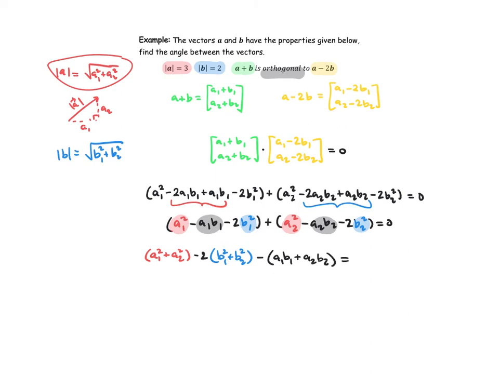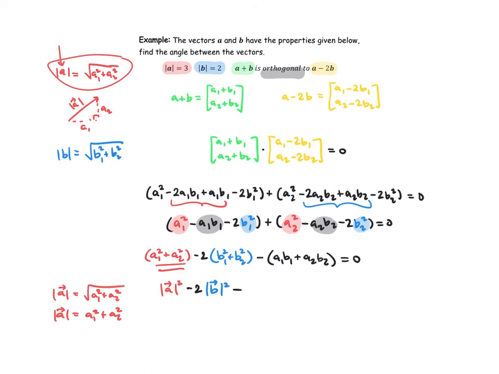Okay, now let's talk about this for a moment. How does this expression relate to the magnitude of A? Well, it's actually the magnitude of A squared, because the magnitude of A is the square root of A1 squared plus A2 squared, so squaring takes care of the square root. Then I have -2 times the magnitude of B squared.